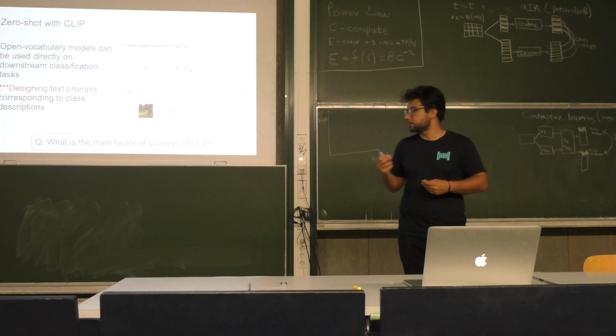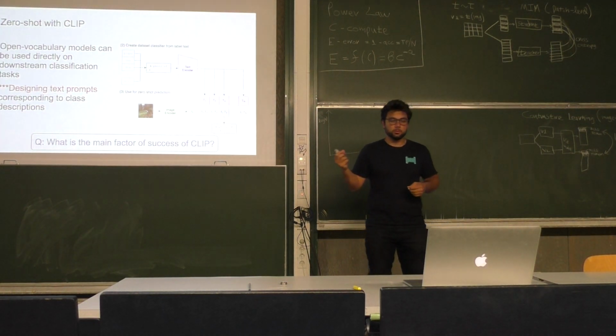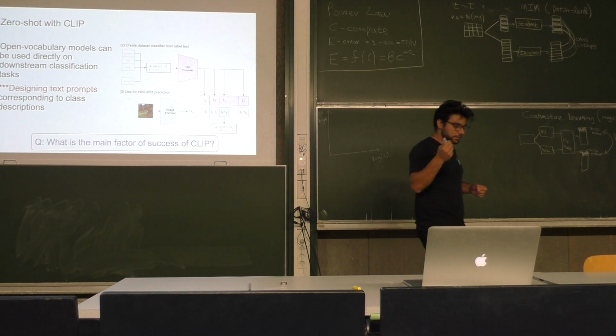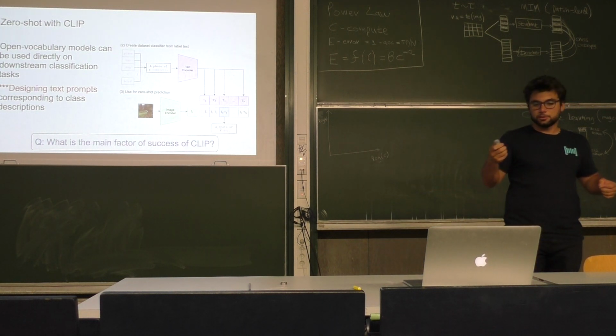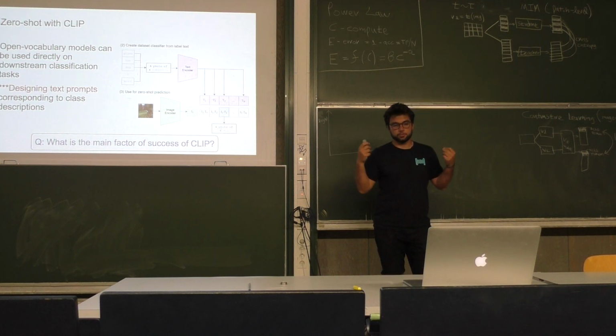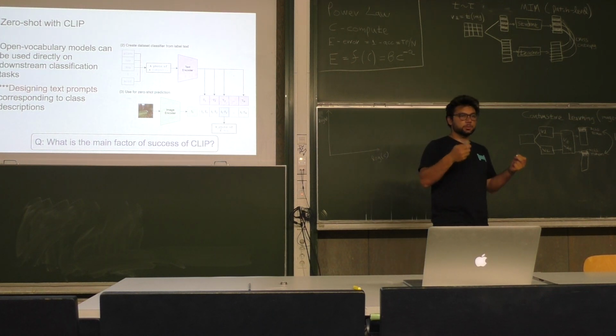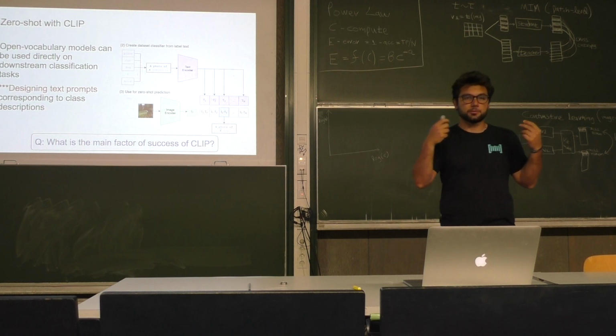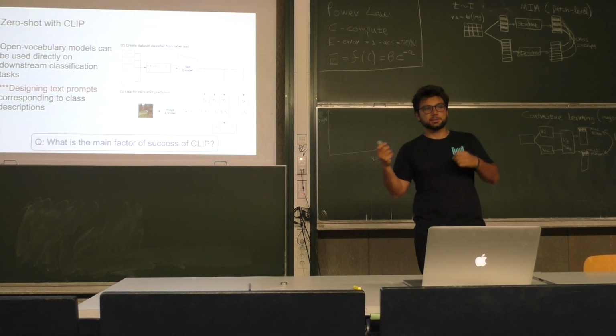So these are all really nice, but we want to know what is the main contributing factor to the success, both in terms of success as well as in terms of robustness towards natural distribution shifts.